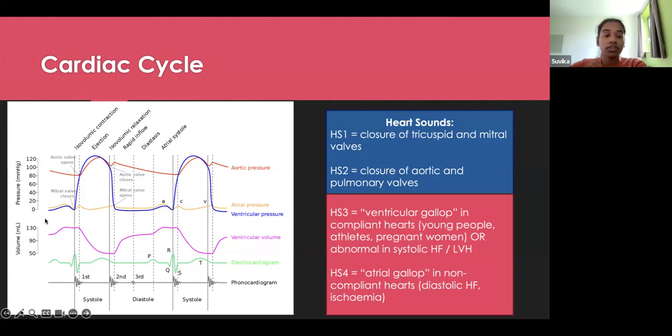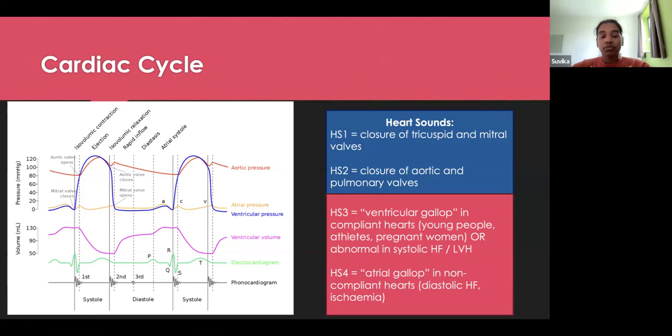So looking at the changes in pressure throughout the cardiac cycle is going to explain what's going on, what valves are closing, and why there's a certain change in pressure and what the function of that is. First of all, it's important that you understand how pressure affects the valve opening and closing.